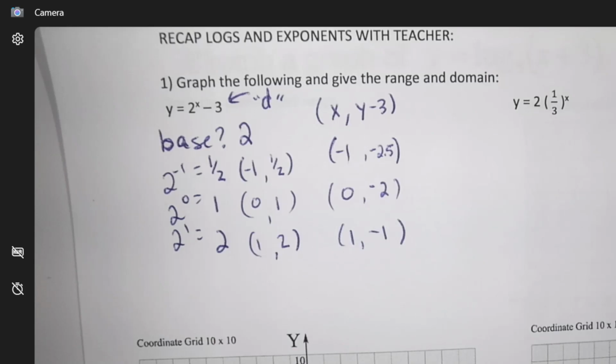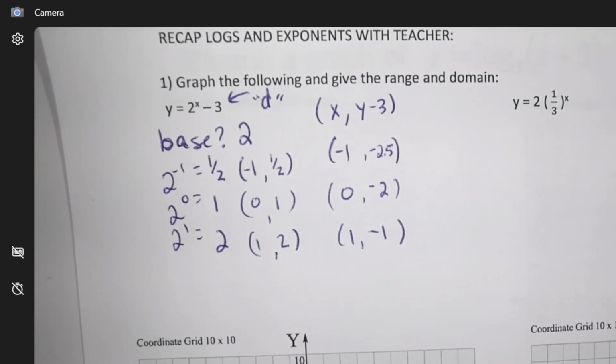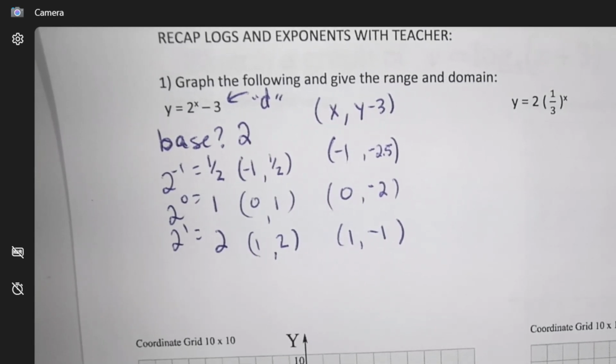Your exam expectation is that these questions are fully without calculators. So yes, I'm expecting you to do a half, subtract 3 without a calculator. Okay, so here I go. Negative 1, comma, negative 2.5, 0, negative 2, 1, negative 1.